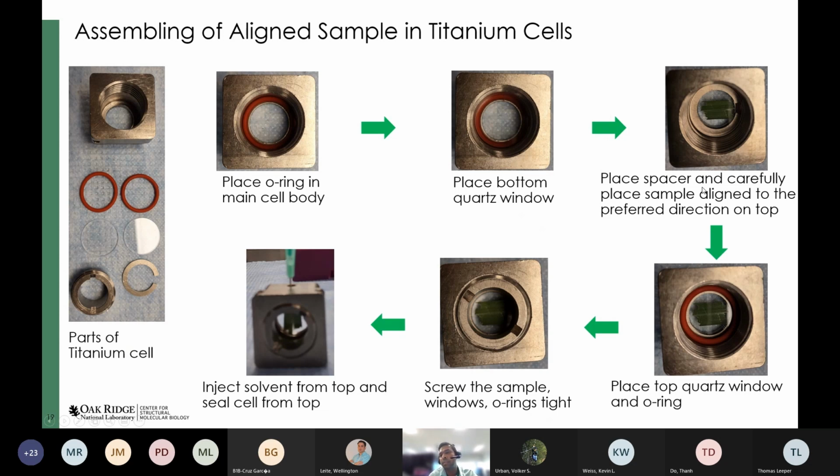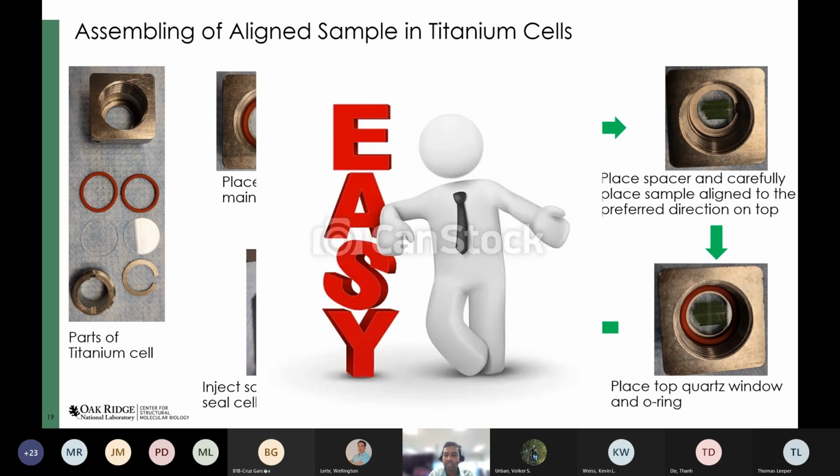Then we put in the sample, aligned to the preferred direction of the beam. Then we put our second glass window, and then again an O-ring to seal it. Then we screw the sample window and O-ring on tight, and finally we fill the solvent in. So it's easy, right?